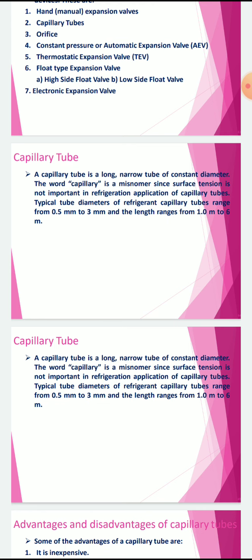Typical tube diameters of refrigerant capillary tubes range from 0.5 mm to 3 mm, and length ranges from 1 meter to 6 meter.